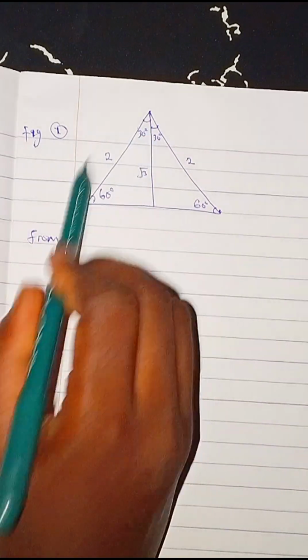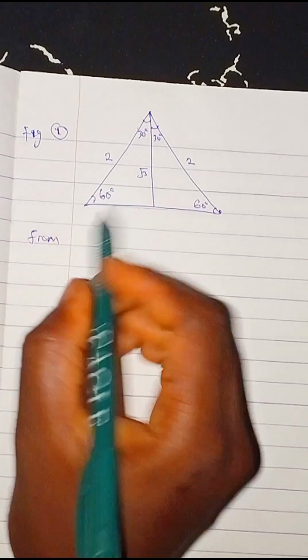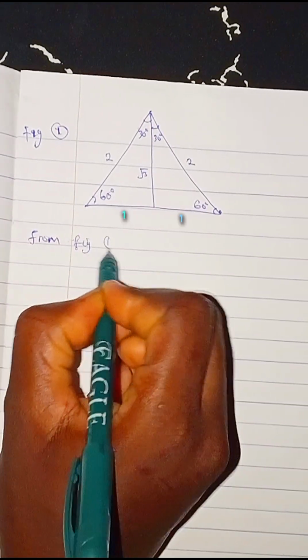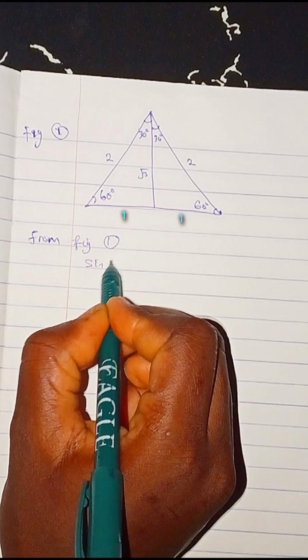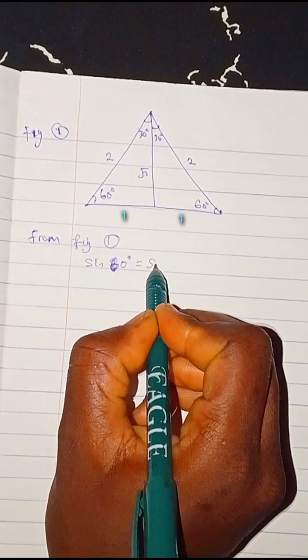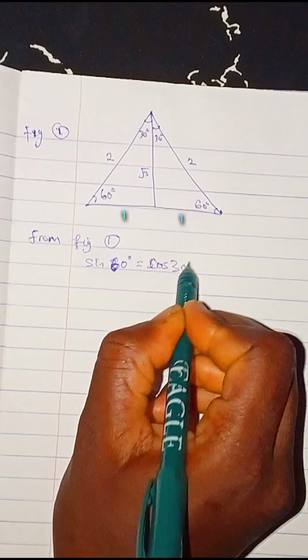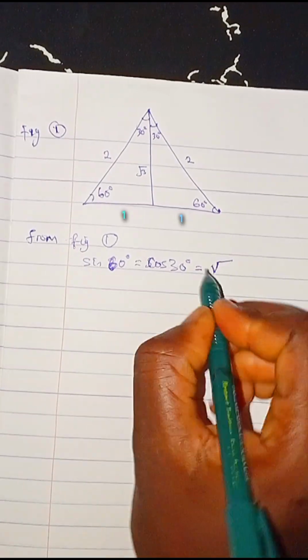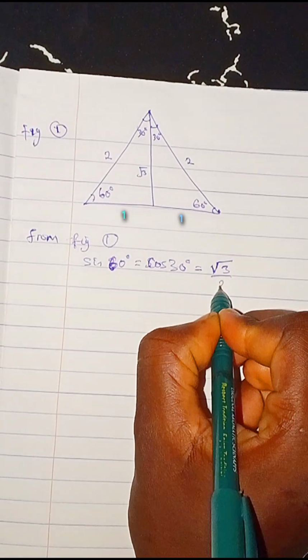Name this as figure 1. From figure 1, we have seen that sine 60 degrees is equal to cos 30 degrees, which is equal to square root of 3 over 2.